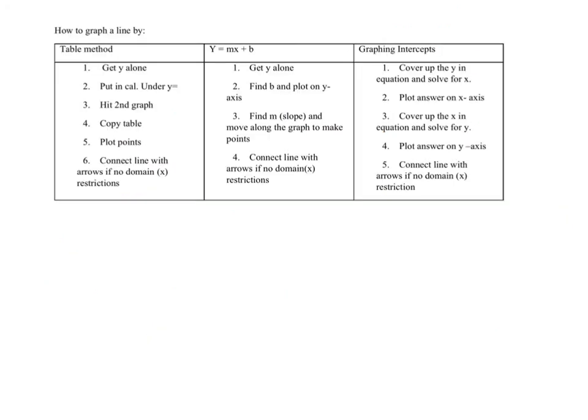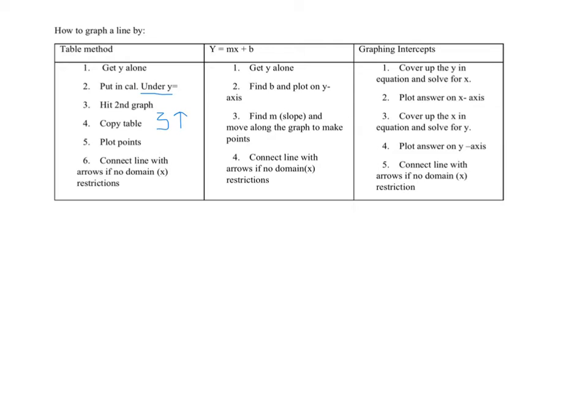Let's talk about how to graph a line by using the table method. The first thing you have to do is get y by itself, put it into your calculator under y equals, hit second graph, copy the table, plot the points. Remember, when you're copying your table, for linear, you want to use 3 or more.